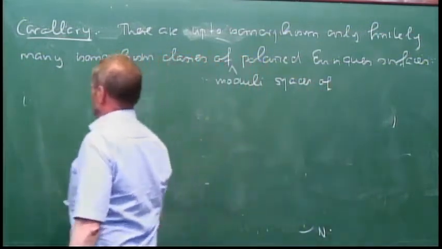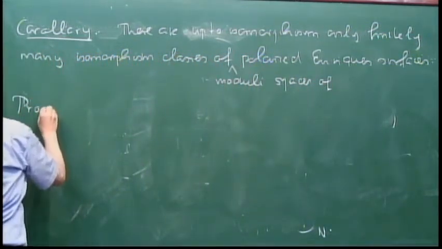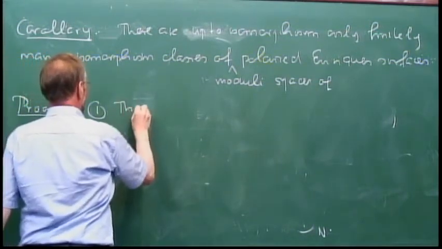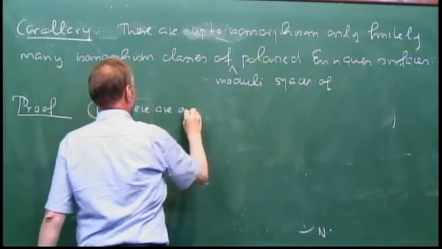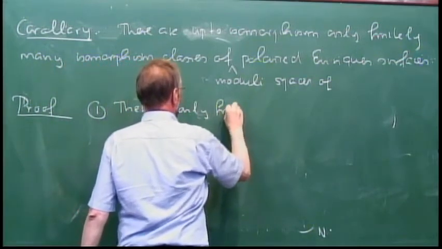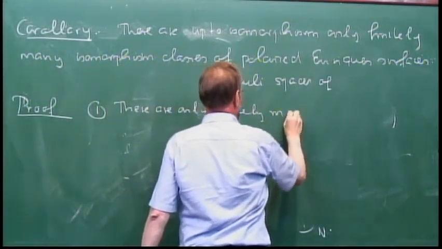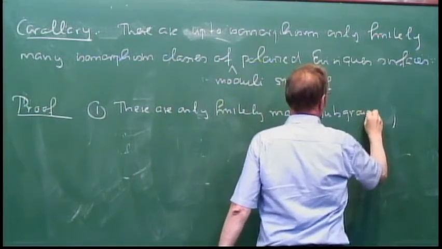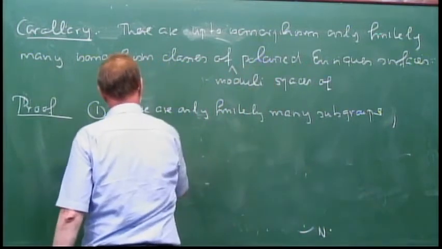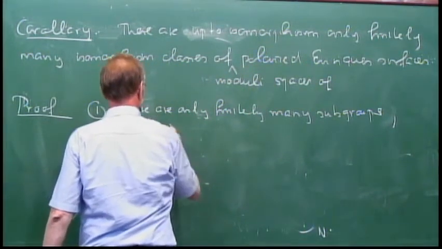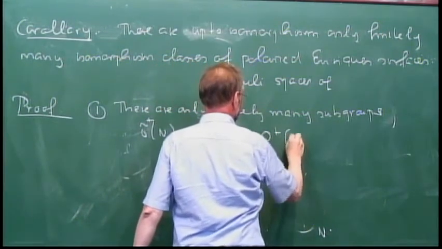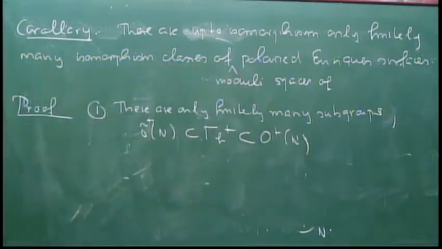And why is that so? Let me give you the proof. The first remark is there are only finitely many subgroups which lie between O tilde and O. It's a finite index, so finitely many possible subgroups.